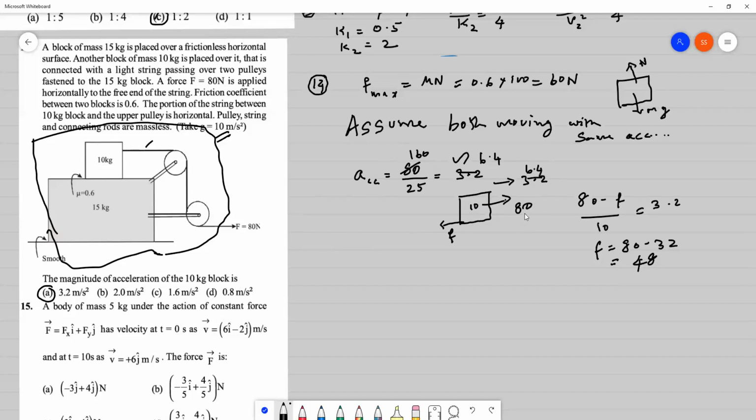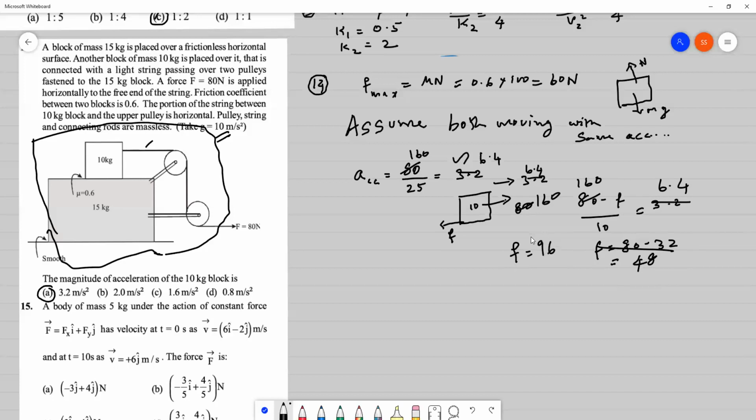This is 6.4 and this one is 160. So in this case F should be equal to 160 minus 64, which is 96.